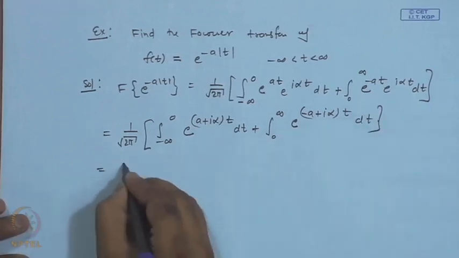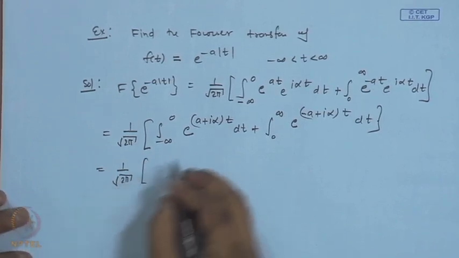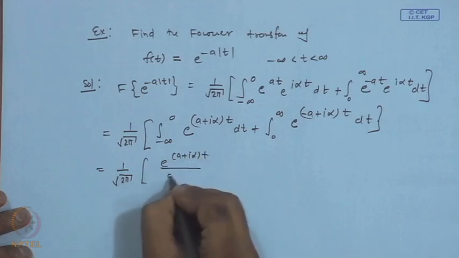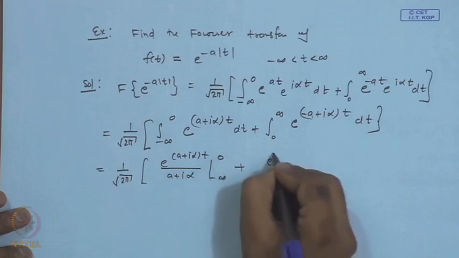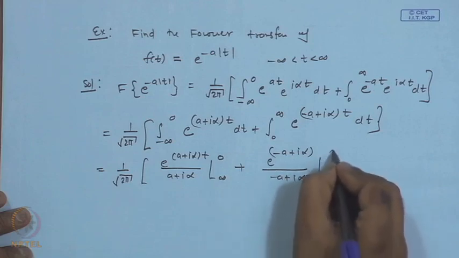Now we can integrate this. So 1 over square root 2 pi, so e power (a plus i alpha) t over (a plus i alpha) from minus infinity to 0, plus e minus (a plus i alpha) t over minus (a plus i alpha) from 0 to infinity.